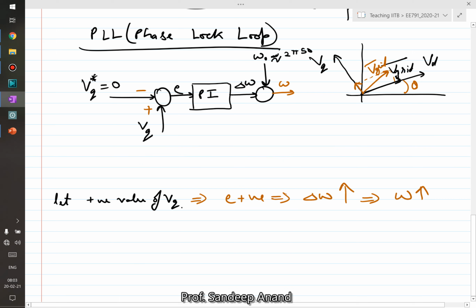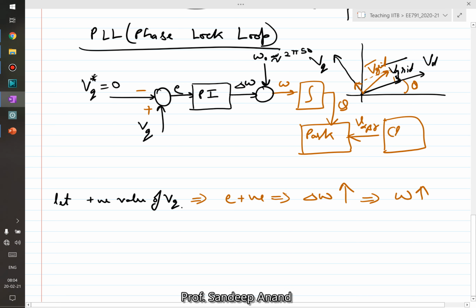Yeah, and once I have omega, I can integrate it to find the angle theta. Once I have theta, I can put this theta into the Park transformation, wherein I am getting V alpha beta gamma from the Clark transformation, which I am getting from the grid voltage VA, grid voltage VB, and grid voltage VC, right?